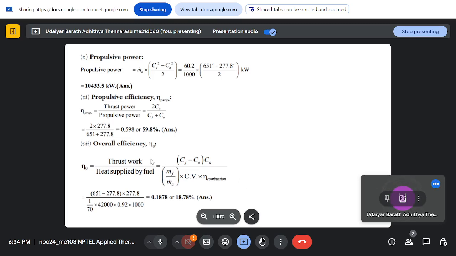Substituting here, thrust work is 651 minus 277.8 into 277.8, divided by 1 by 70, which is the fuel air ratio, into calorific value into 0.92 combustion efficiency into 1000 to convert into joules. So this comes out to be 0.1878 or 18.78%.